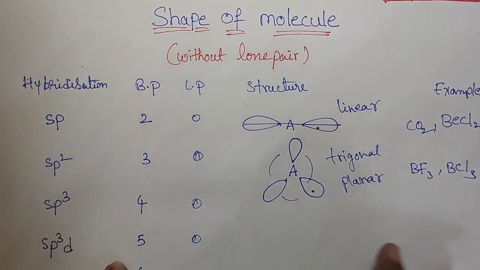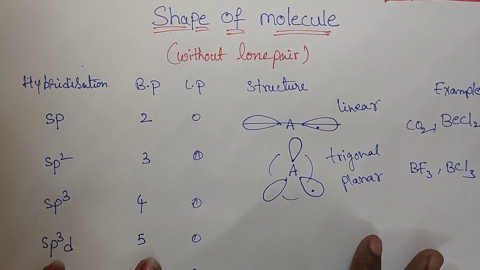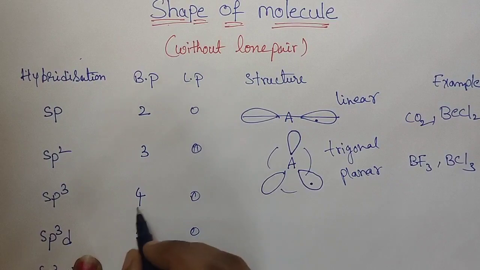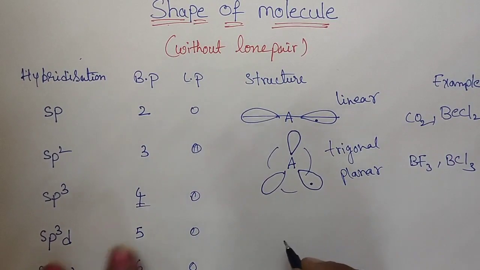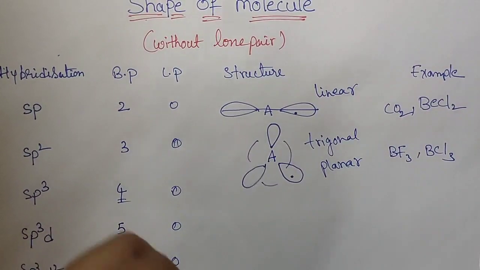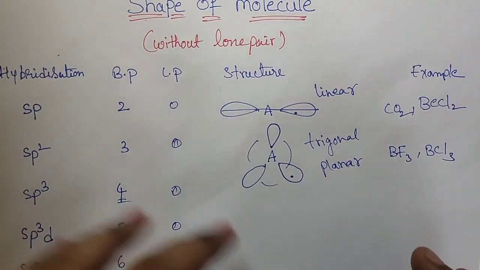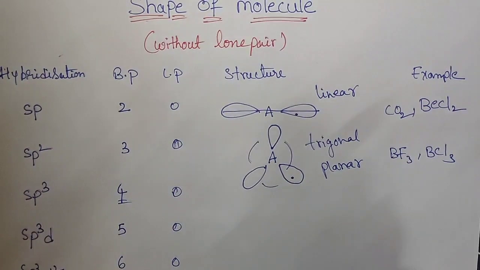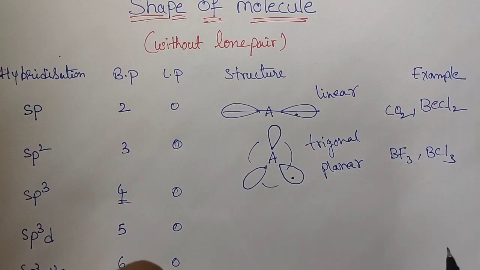Now we'll go for sp3 hybridization. Here 4 hybrid orbitals are there. We arrange the 4 hybrid orbitals for our convenience, because hybridization is only theoretical, not practical. We arrange the hybrid orbitals based on their structures and lesser repulsive forces.